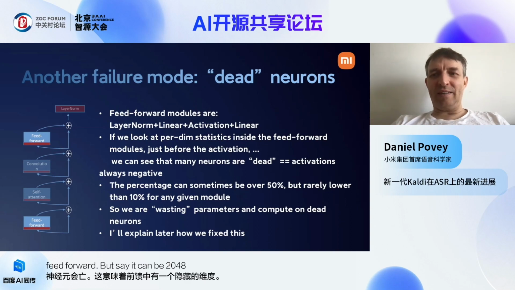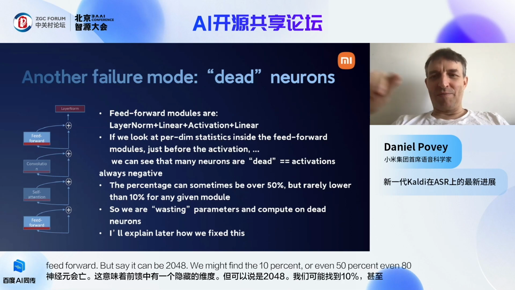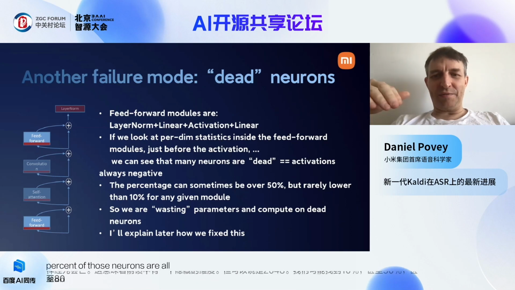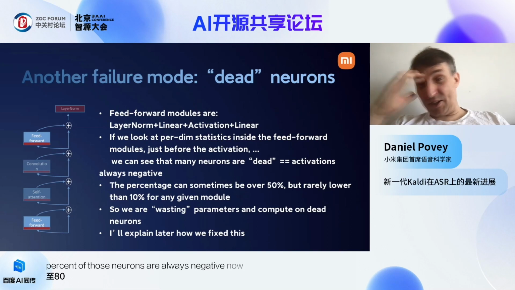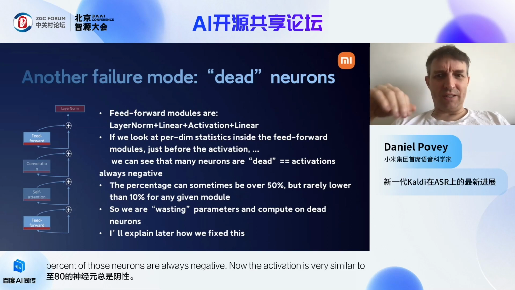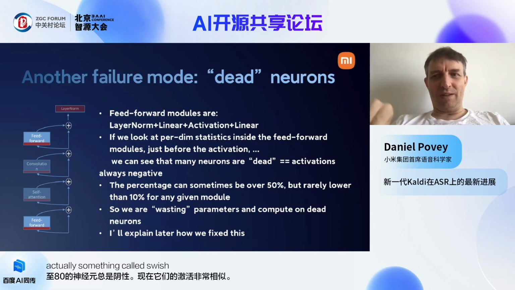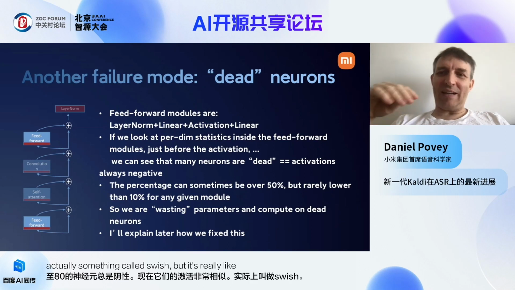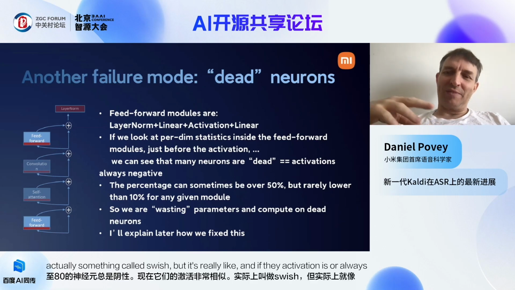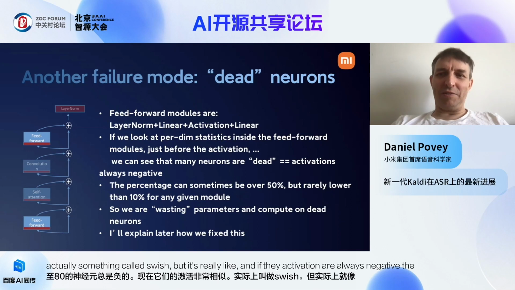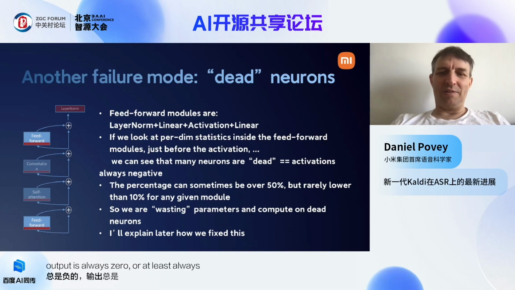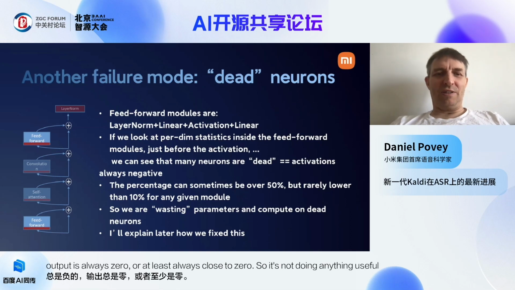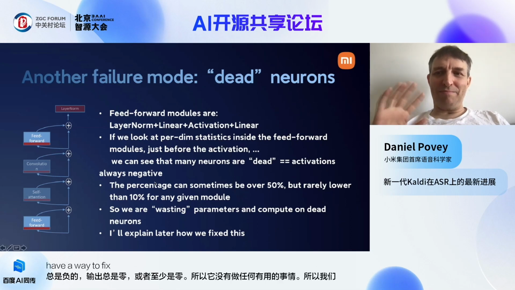We might find that 10% or even 50%, even 80% of those neurons are always negative. Now, the activation is very similar to ReLU. It's actually something called Swish, but it's ReLU-like. And if the activations are always negative, the output is always 0, or at least always close to 0. So it's not doing anything useful. We have a way to fix this by modifying the gradients. I'll explain it later.